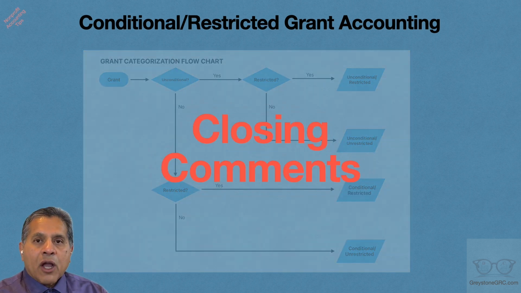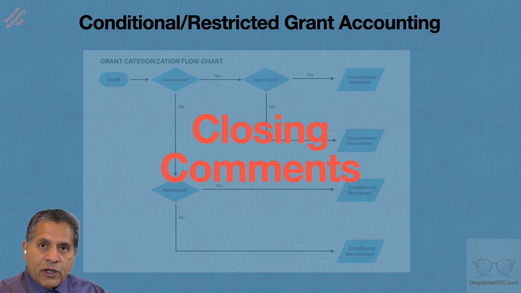Now, in terms of closing comments, we recommend that you track this in the accounting system. You have the processes and the structures in place so that management and the finance team can see in real time what's outstanding, what grants are in the pipeline, what's being recognized, what needs to be recognized. It just needs a little more attention at year end if there are crossovers to make sure that the carryovers are properly addressed.